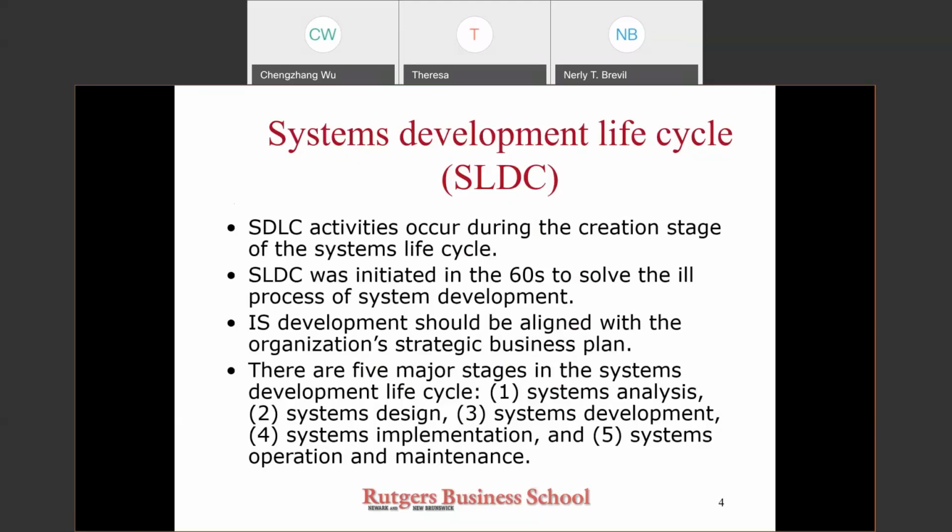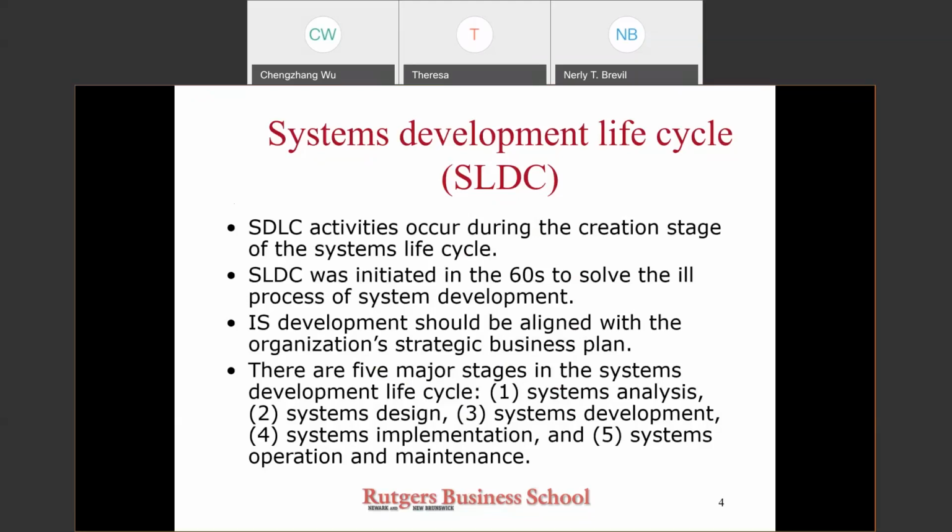Well, there are 5 stages in the system development life cycle. First, system analysis. 2, system design. 3, system development. 4, system implementation.